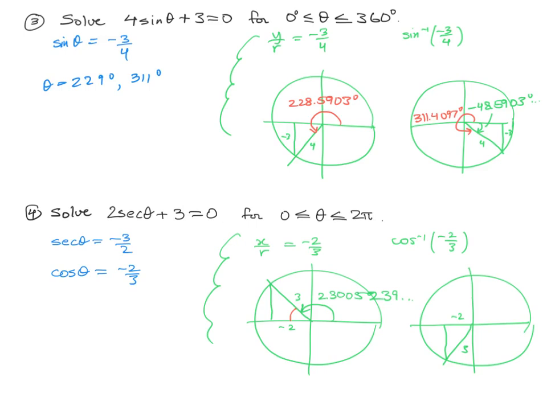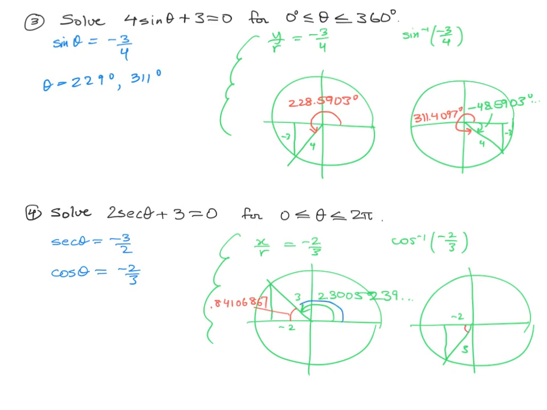So I get a reference angle of about 0.84100, 06867, let's say. And if that reference angle is in this triangle, then it's the same reference angle over here, same exact reference angle. So now I need to find the standard position angle.